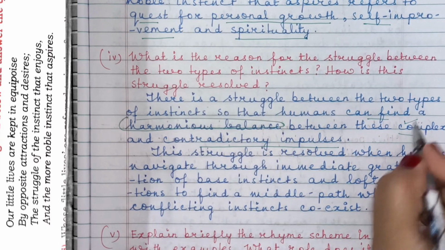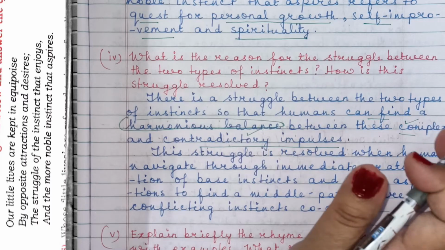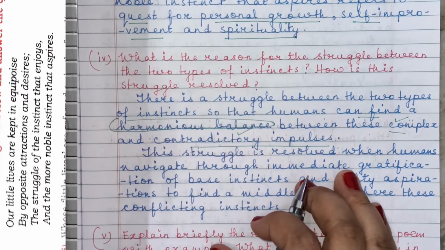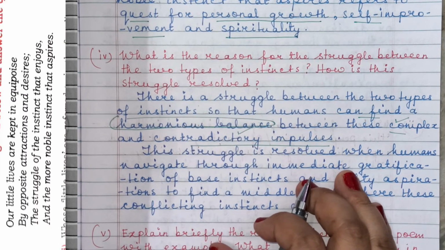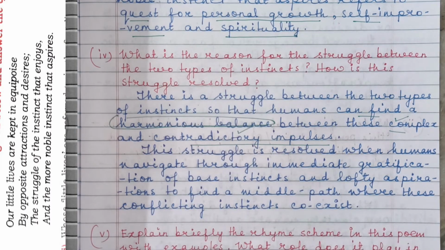One tells us to enjoy the moment, to seek worldly, materialistic pleasures and immediate satisfaction, and another impulse tells us to aim for spirituality, for lofty spiritual ideals, which is permanent actually.